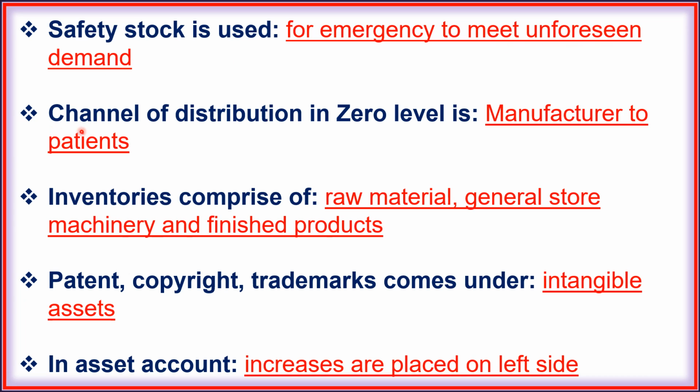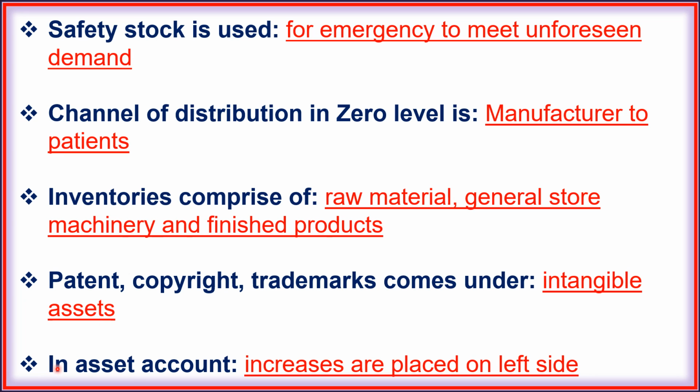Next, channel of distribution is zero level in manufacturer to patient. Next, inventory is comprised of raw material, general store machineries and finished products. Next, patent, copyright, trademarks comes under intangible assets.